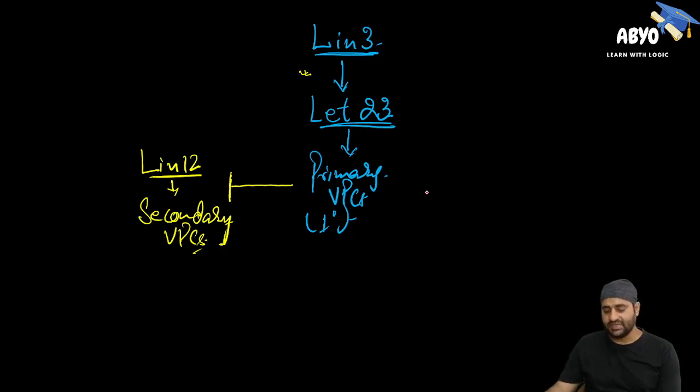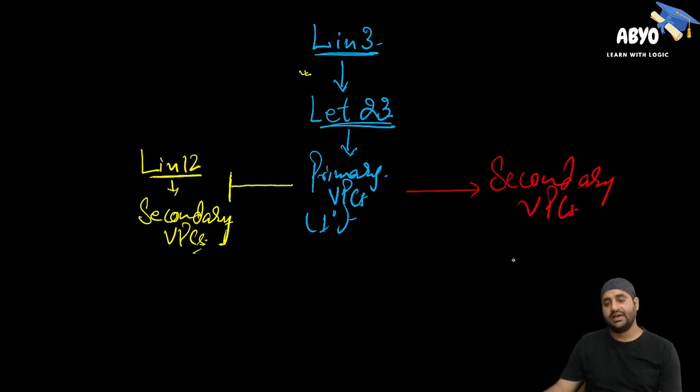This lateral inhibition will cause the formation of the secondary VPCs over here also. So this is secondary VPC. Secondary VPCs will further restrict. What to restrict? Once they become the secondary VPCs, they will not allow the expression of LET23 receptors.